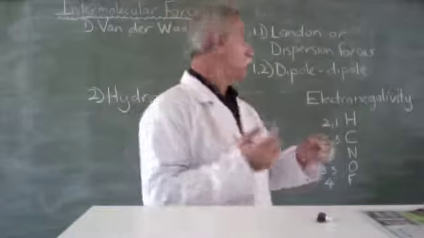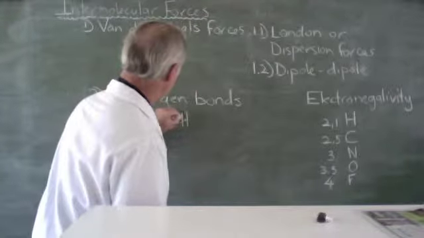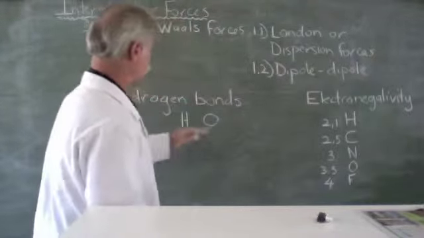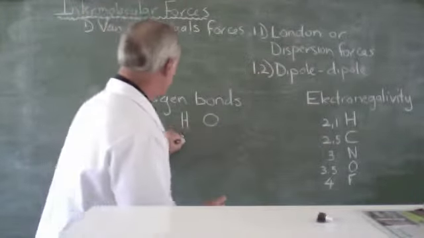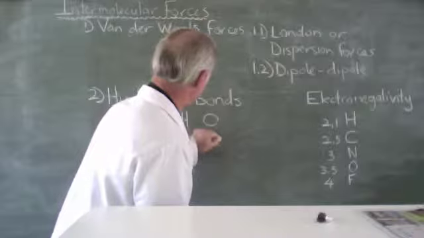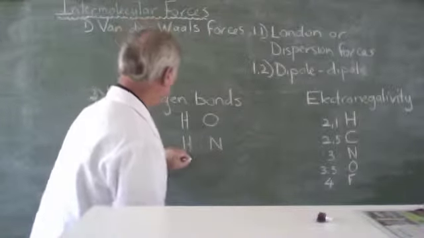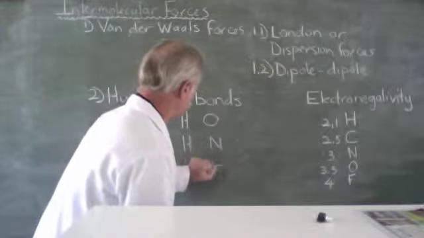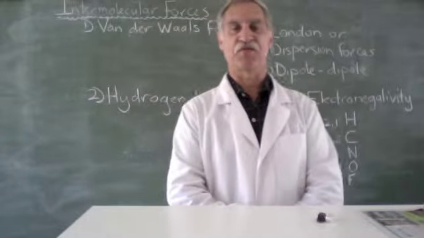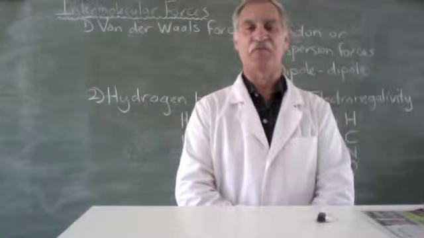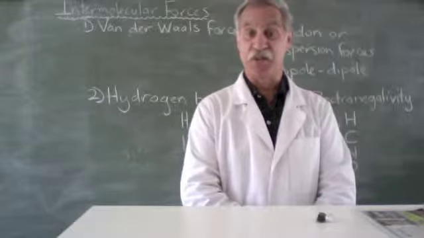So hydrogen with, for example, oxygen, that's an electronegative element. Or hydrogen with nitrogen, or hydrogen with fluorine. And those are all electronegative atoms.